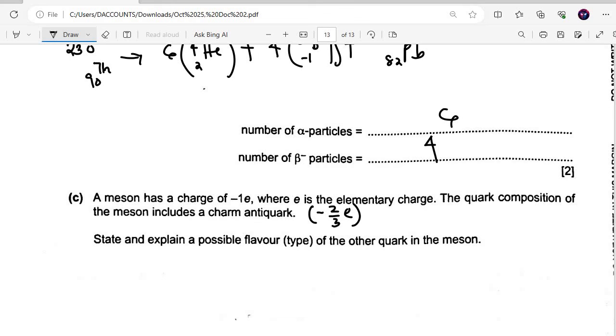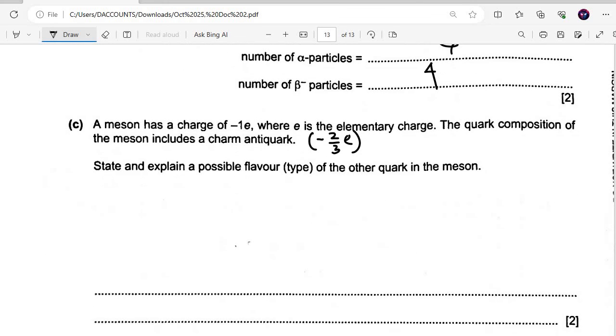A meson with charge minus e is generally a charm antiquark and a quark. Mesons are composite particles made up of a quark and an antiquark, held together by the strong nuclear force. So in this case, the answer should give us minus e.